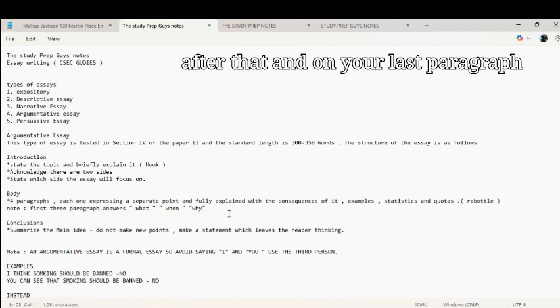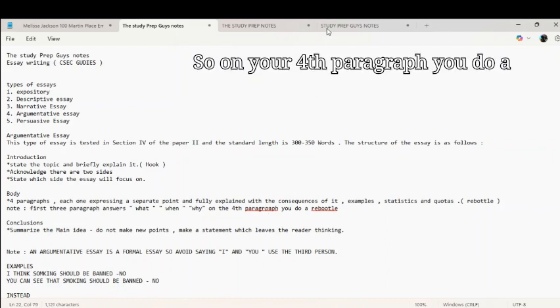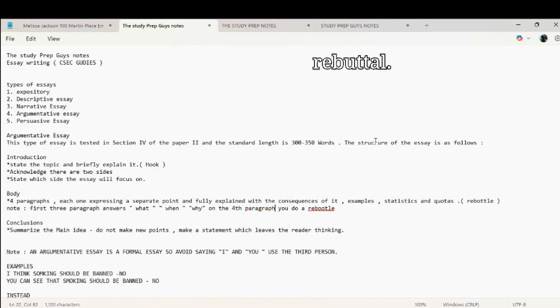on your last paragraph, the fourth paragraph, you do a rebuttal.